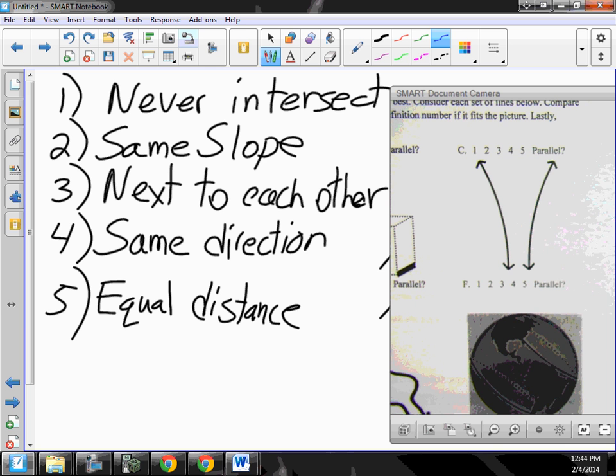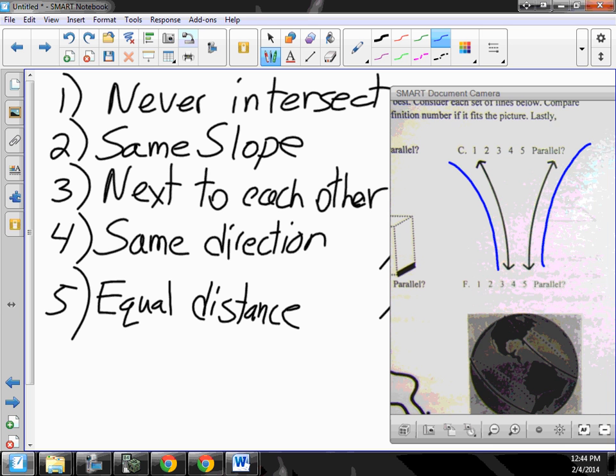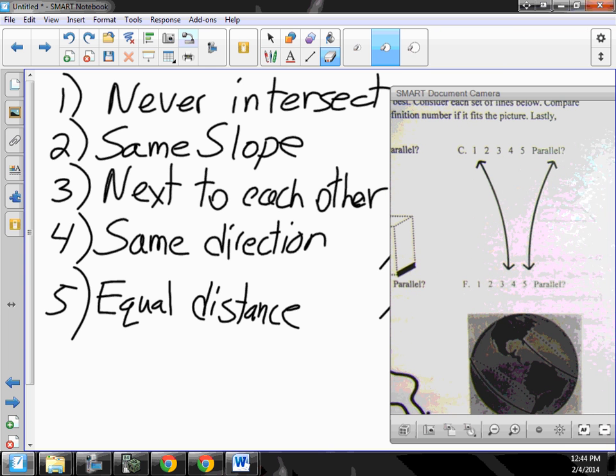No. So it depends on what you mean. This would be considered a negative slope, and this would be considered a positive slope. So if you're talking about XY slope, the answer would be no. But if all you're doing is talking about steepness, then the answer is yes. So it depends on what you meant by slope. Let's go ahead and say yes, they have the same steepness.